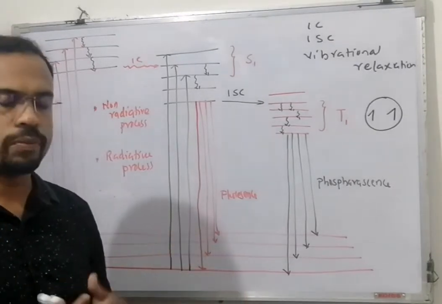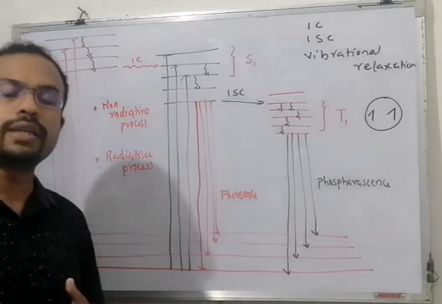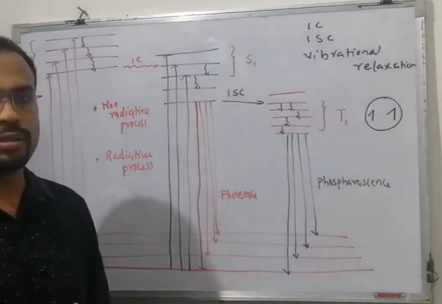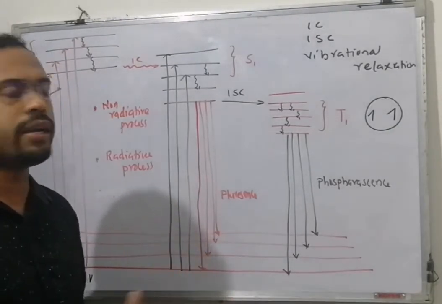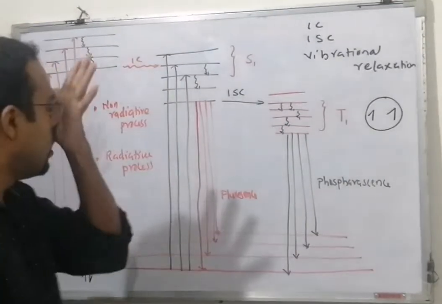You will get heat. When a molecule undergoes de-excitation through radiative ways, what will you get? You will get light. That light is divided into two categories: fluorescence or phosphorescence.